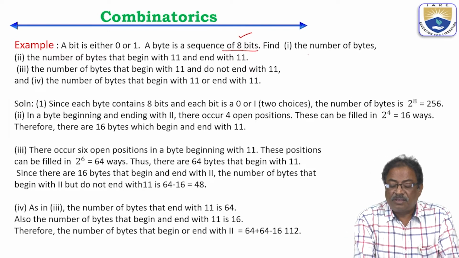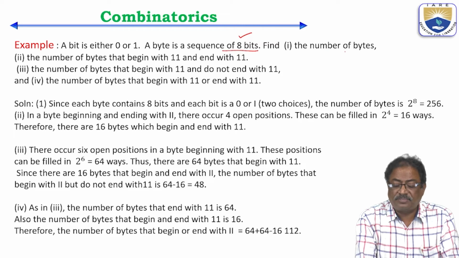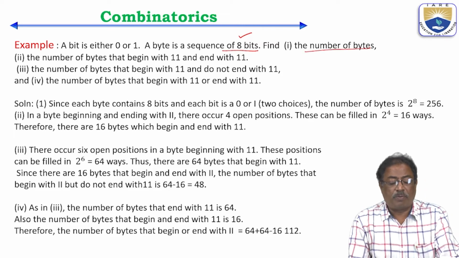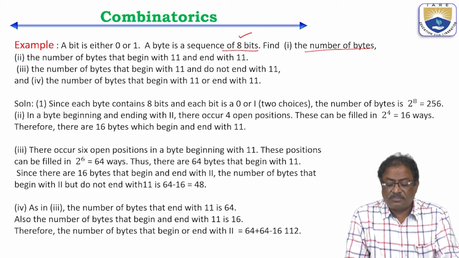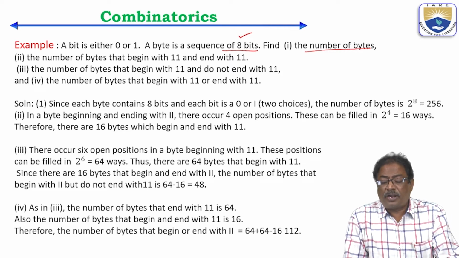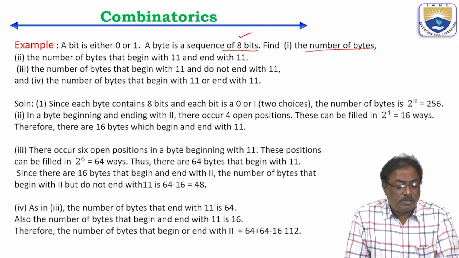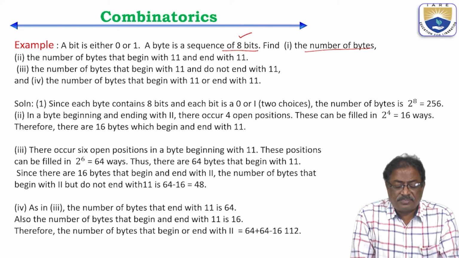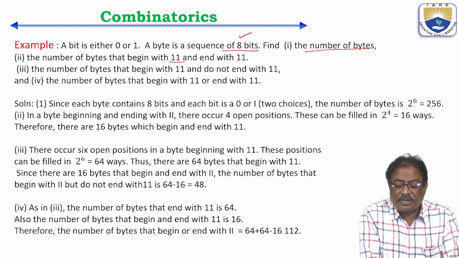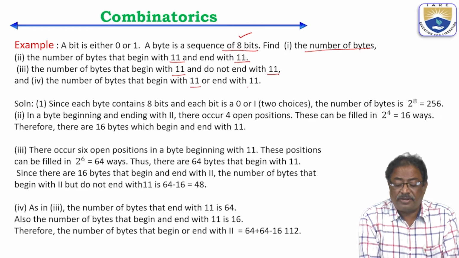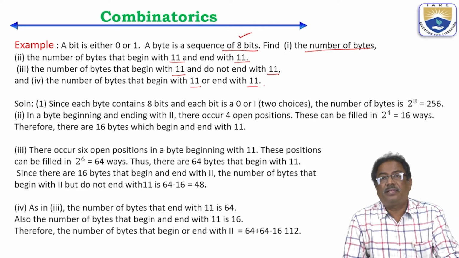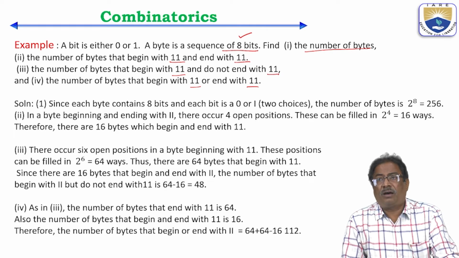Find the number of bytes that begin with 11 and end with 11, the number that begin with 11 and do not end with 11, and the number that begin with 11 or end with 11.